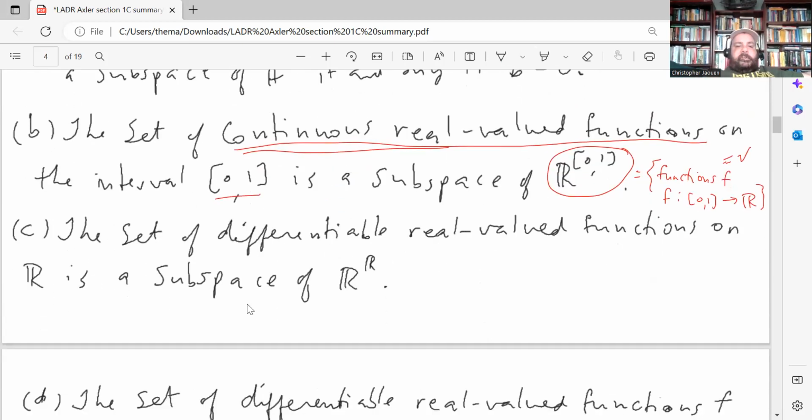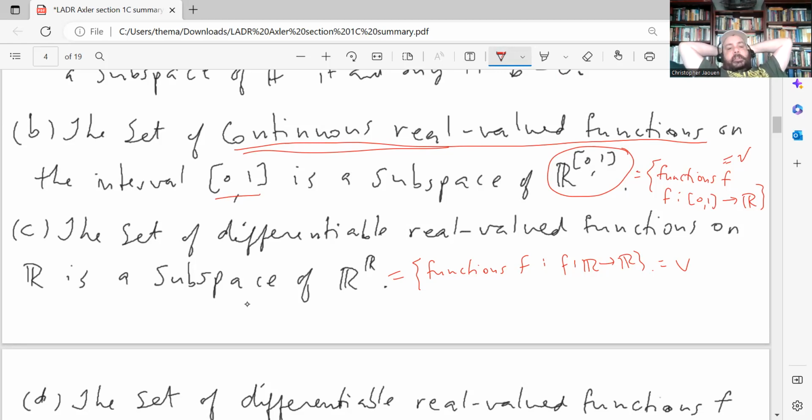The set of differentiable real valued functions on R is a subspace of R to the R. This set here is the set of functions f such that f goes from R to R. All right, so this is our vector space V, and the subspace here is the set of differentiable real valued functions on R. So again, this follows because, for example, the function that is identically 0 is differentiable, infinitely differentiable, so it's in that set.